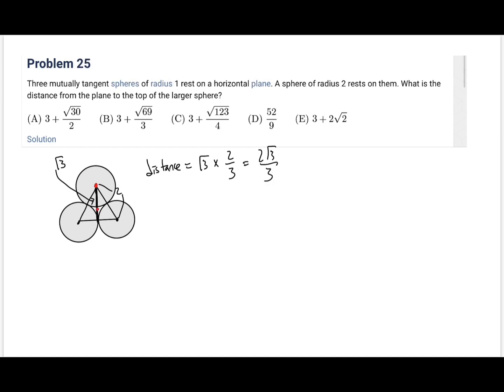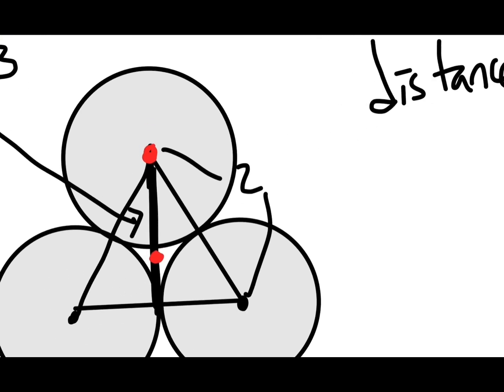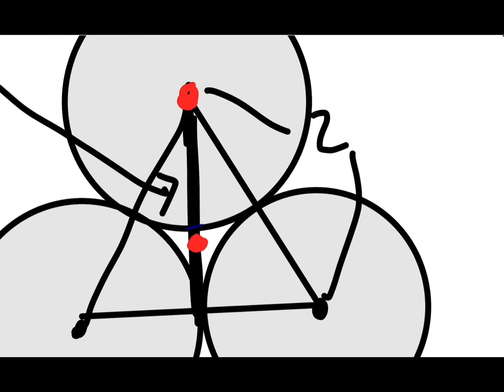And it says a sphere of radius 2 rests on them, right? So there's a sphere of radius 2, and then we have these two circles, and they are ever so slightly apart. That's because, right here, if you see, there's this small length that is between the center of the whole thing and one side of the sphere, right?